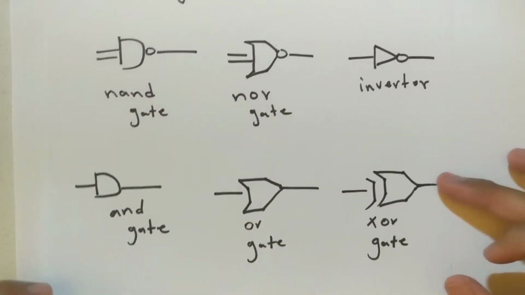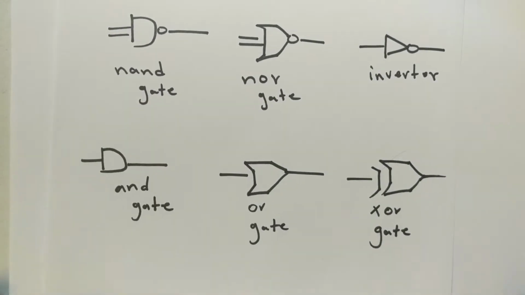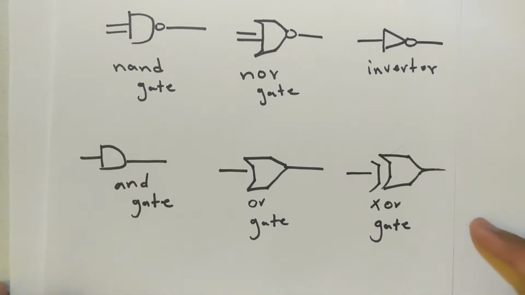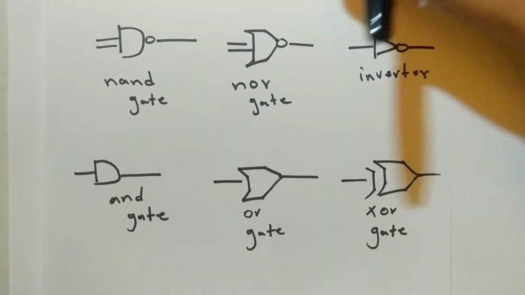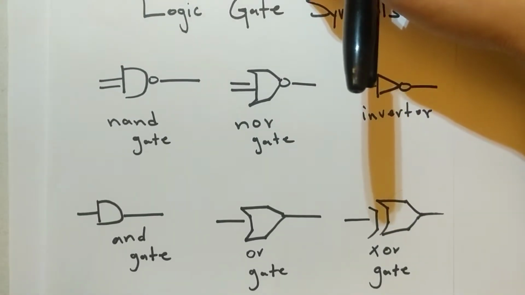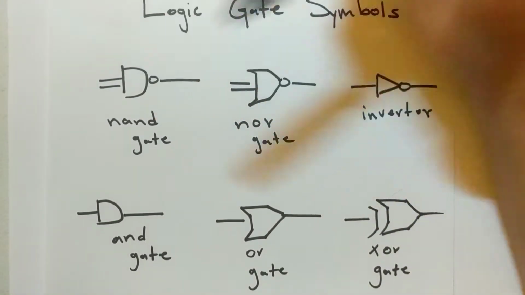These are all of the logical gates. You don't need to understand the inner workings of the circuitry, but just know that inside all of these logical gates you have transistors. The NAND gate, or not AND gate, is represented by a D with a circle.